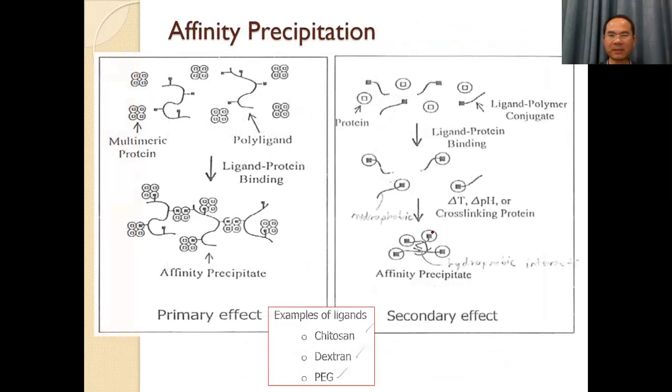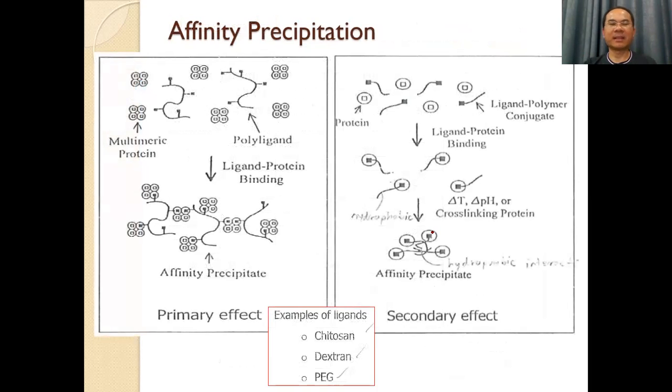The last one is affinity precipitation. This is different from a polyelectrolyte reacting with protein. Here we have a molecule with a ligand, the polyligand.